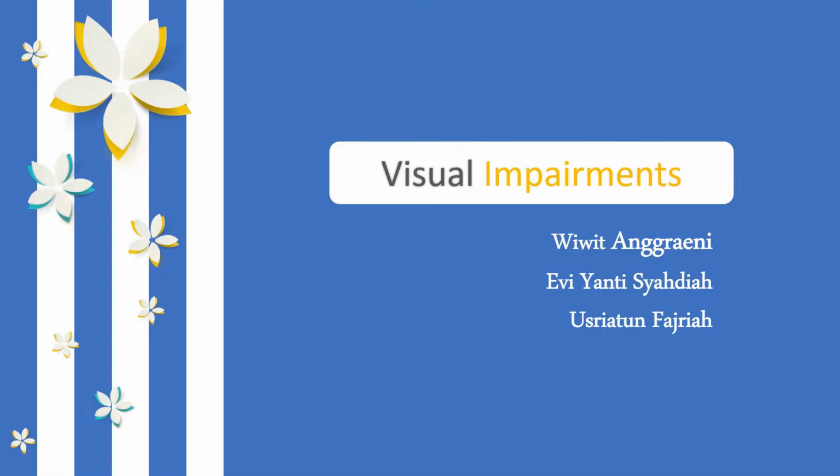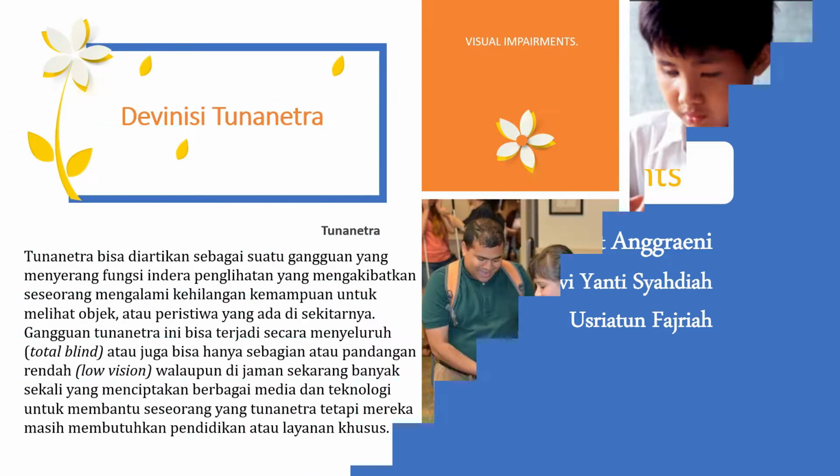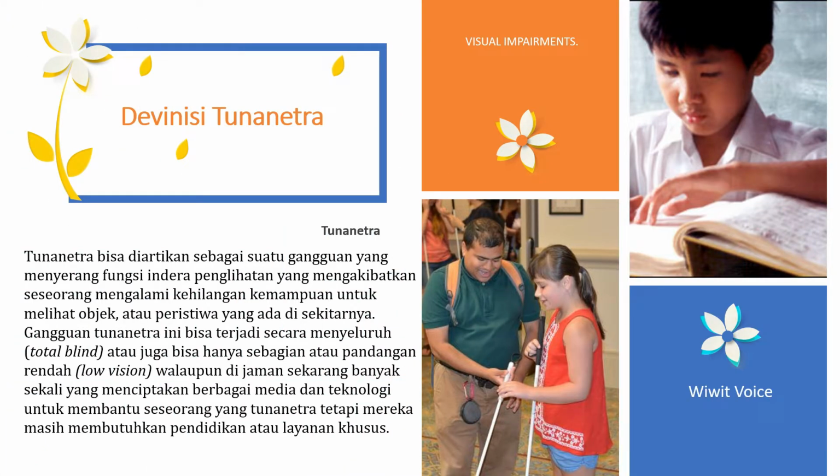In this video, we'll present material about children with visual impairments. Definition of visual impairments. Visual impairments can be interpreted as a disorder that attacks the function of the sense of sight, resulting in a person experiencing a loss of ability to see objects, even those around him.